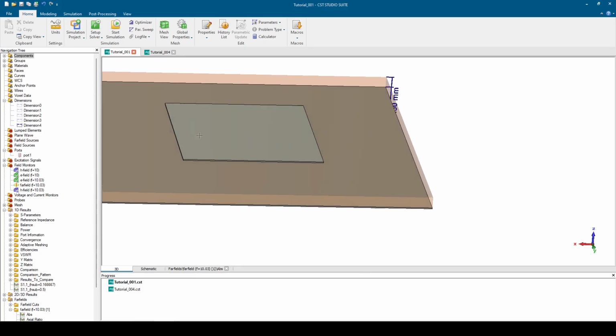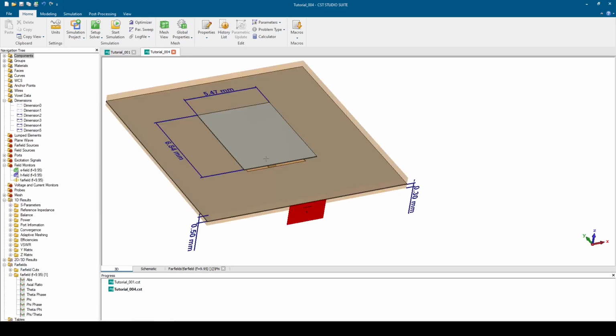In both examples we feed, and because we target almost the same impedance of the patch, here is weak coupling around the center, and here is weak coupling also, but around the edge, because this is the magnetic field coupling.